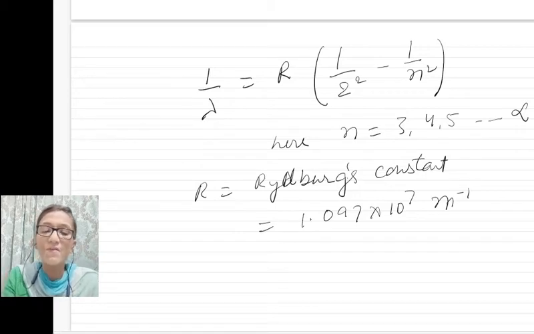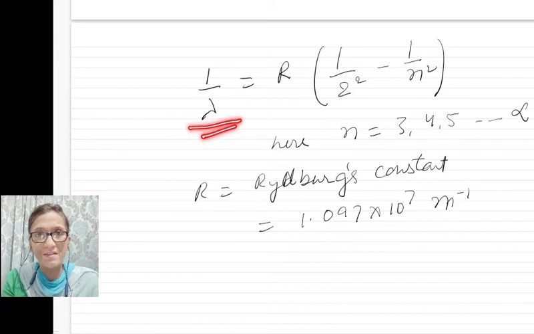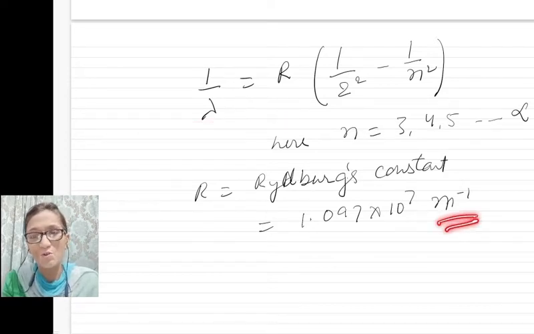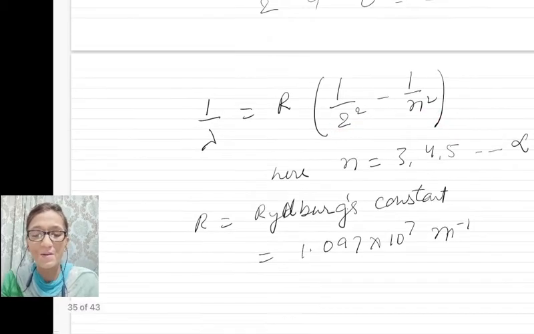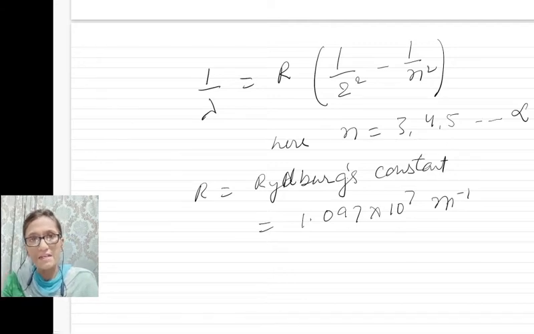From here you can find the unit. On the left hand side you have unit per meter, so on the right hand side also you should have unit per meter. Here these are numbers, they have no unit. So this is the Balmer formula, and this is obtained for Balmer series.